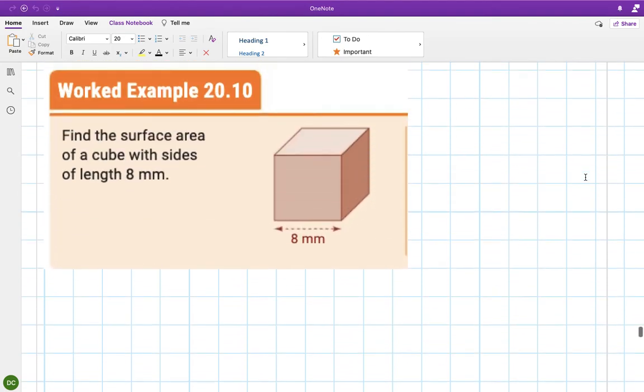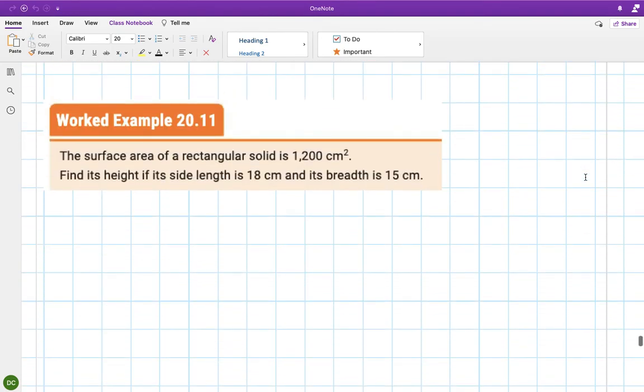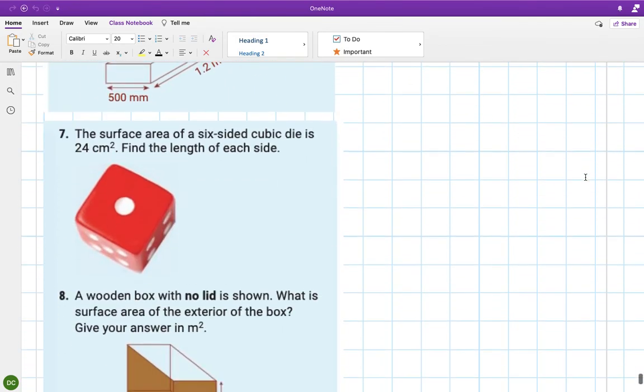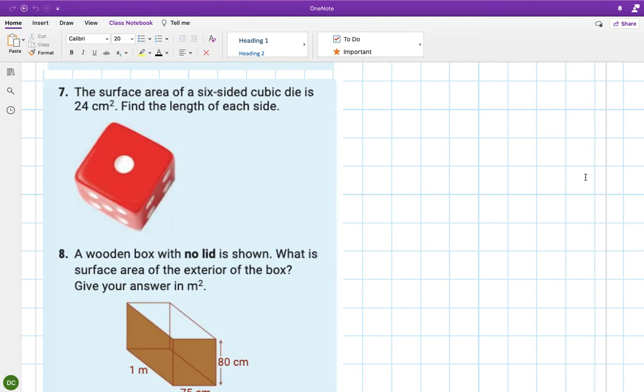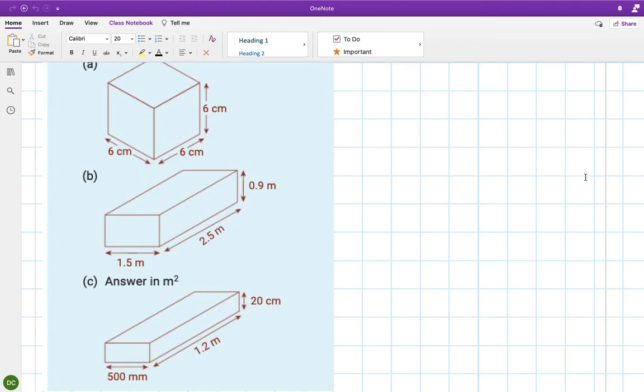Now, there are loads of examples, lots of different ones there, but they're similar. So for homework, I would like you to do just a few surface area questions. Feel free to have a look at some of those examples if you want, and let me know if you can't figure them out.